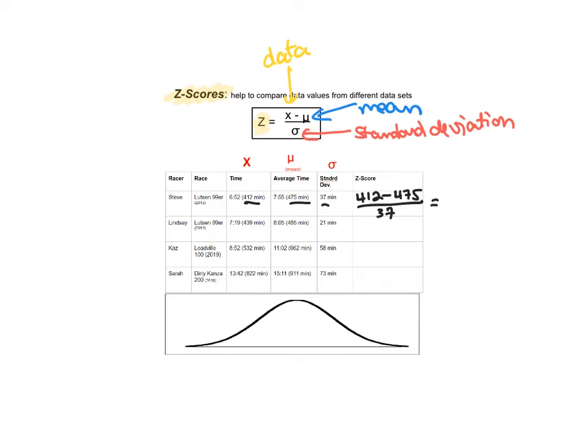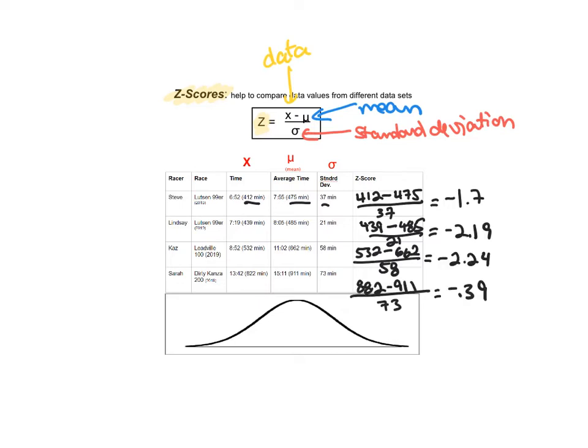Before in the warm-up, we had 1, 2, and 3 standard deviations. This is going to give us a decimal, but it's going to tell us how many standard deviations from the mean Steve is, and how many standard deviations Lindsay is. So Lindsay was 439. You subtract the mean, divide by standard deviation. I'm going to go ahead and do these, and we'll be able to compare the runners.